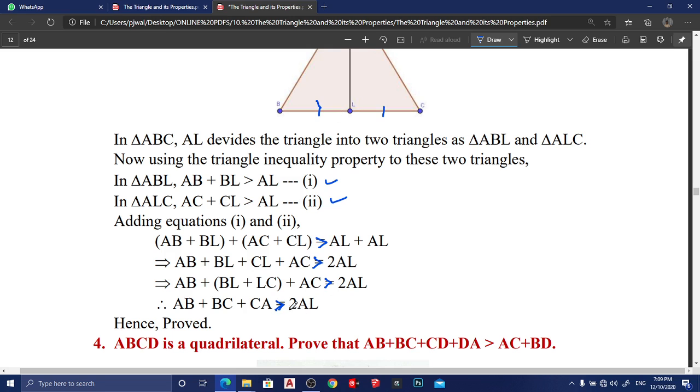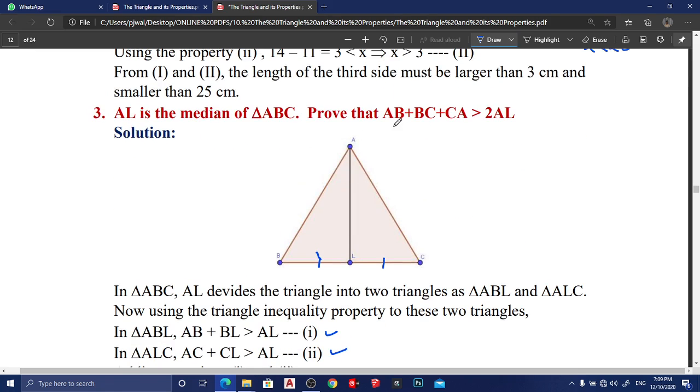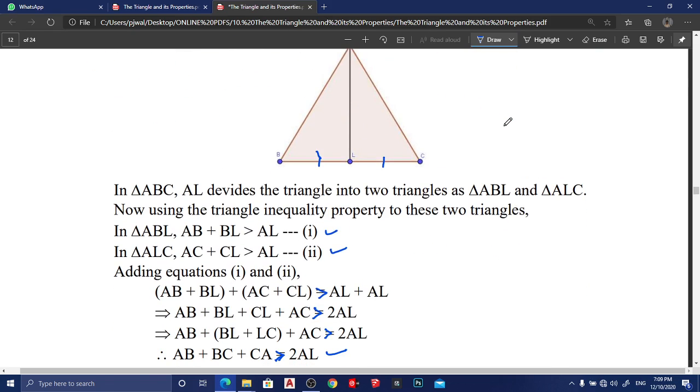So that's what here you proved, which has given in the question. AB plus BC plus CA is greater than 2 times of the median. It's very easy. Just apply the triangle inequality property to this triangle and this triangle. So AB plus BL is greater than AL.